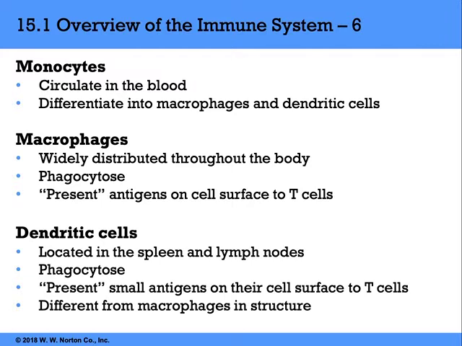I already said the neck. And the reason they're concentrated there is because that's where they can drain areas of the body that have openings to the outside world, okay? And by taking that tissue fluid and filtering out the enemies, and then sending that tissue fluid eventually back into the bloodstream, we filter out the invaders, and we also warn the white blood cells that there could be an attack in the offing, okay?